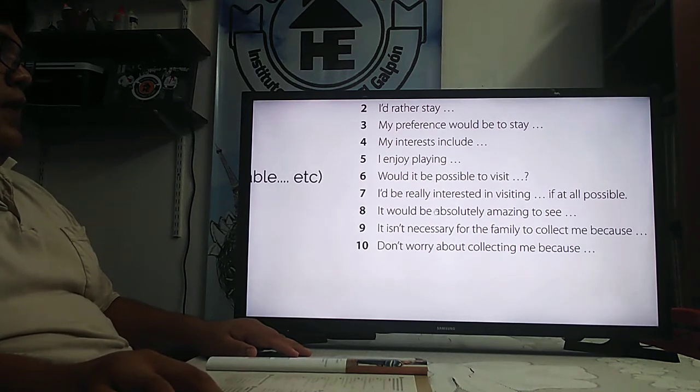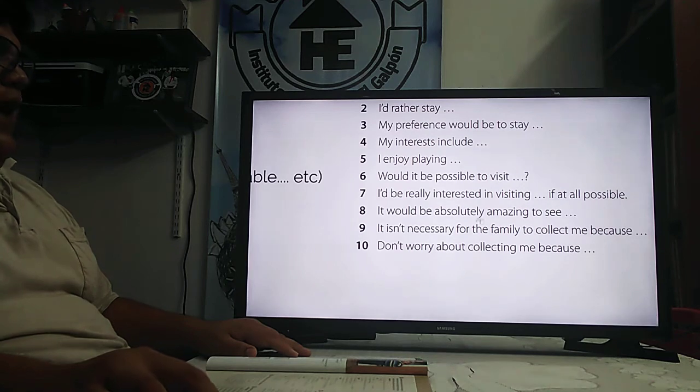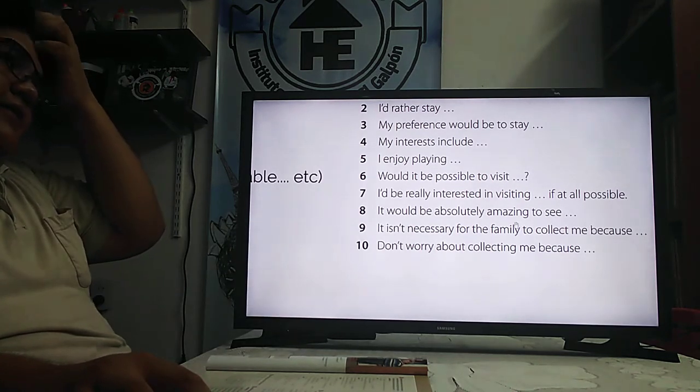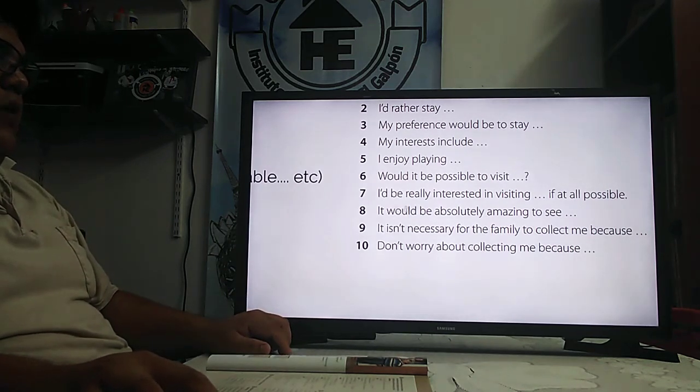You can use, I'd be really interested in visiting if at all possible, and it would be absolutely amazing to see. Well, these two are acceptable, but it would be absolutely amazing to see is, I think, less formal than this one, okay, less formal than number 7.